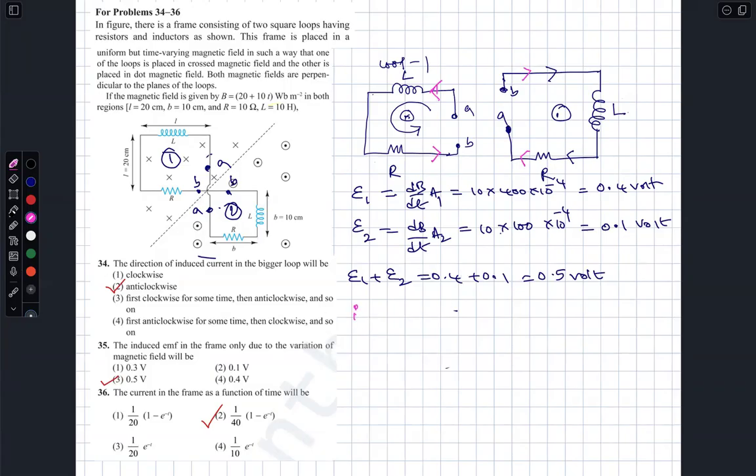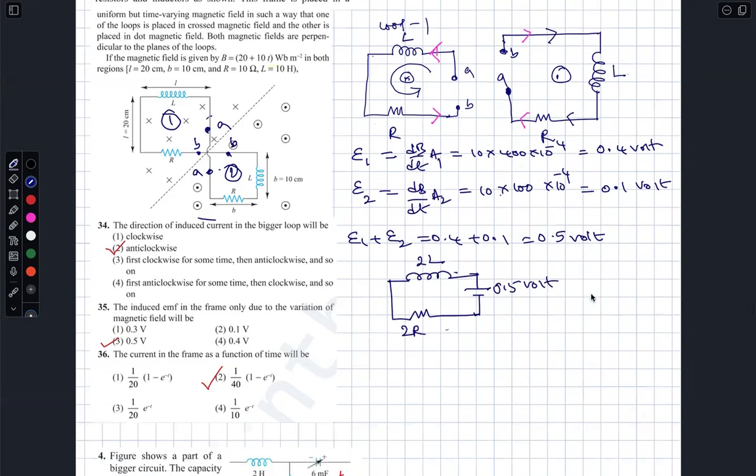See, finally, how to understand this? Two inductors are in series, it will become 2L. Two resistors are in series, it will become 2R. And one single source of EMF, 0.5 volt. And you know how to write the current for this.